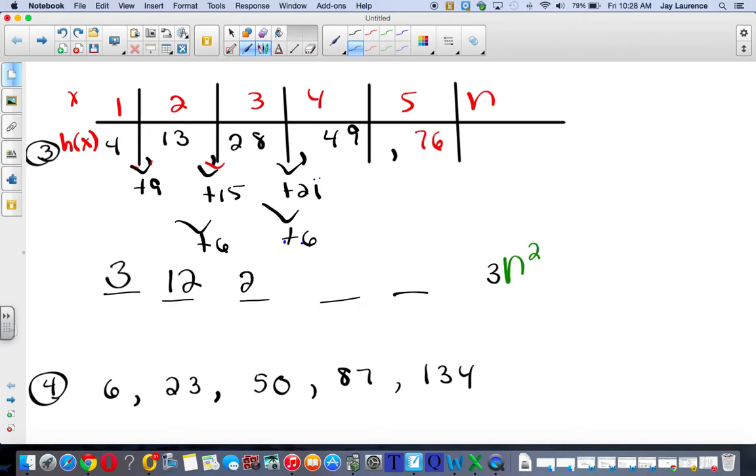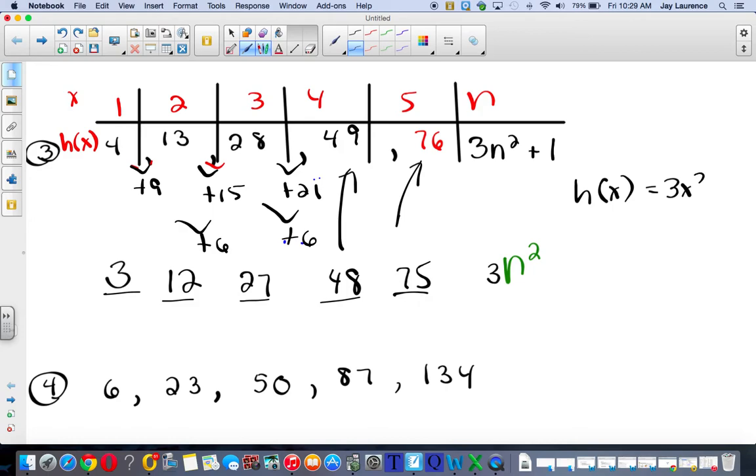Times 3 is 27. 4 squared is 16 times 3, 48. 5 squared, 25 times 3 is 75. Look at that. They're all 1 short of the number. So n squared is 3n squared plus 1. And therefore, h of x would be 3x squared plus 1.